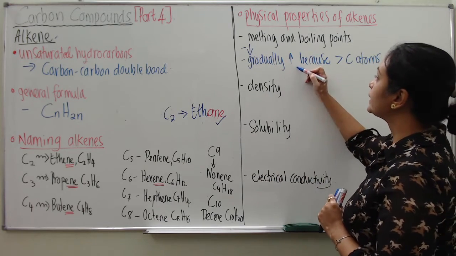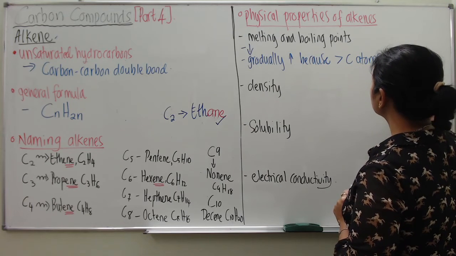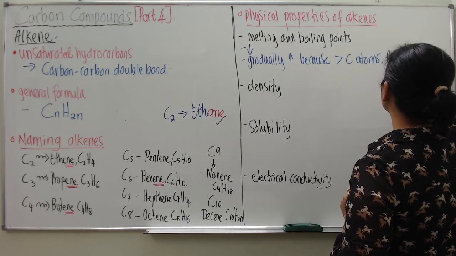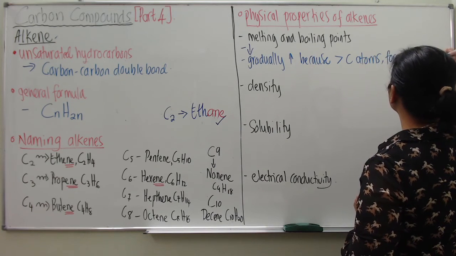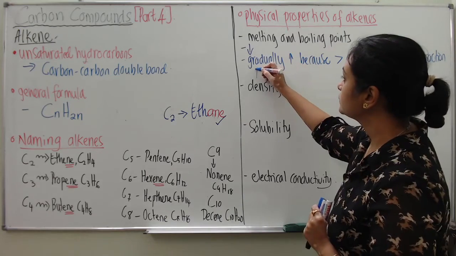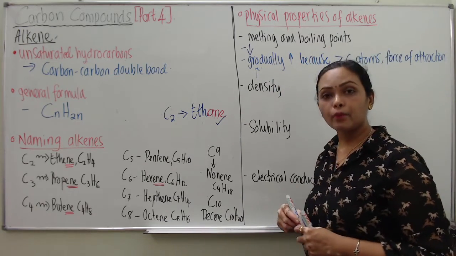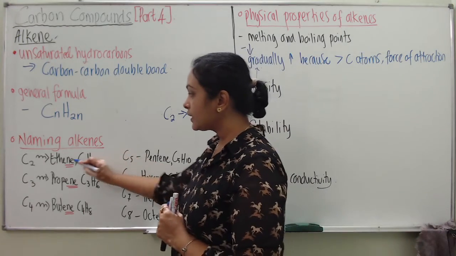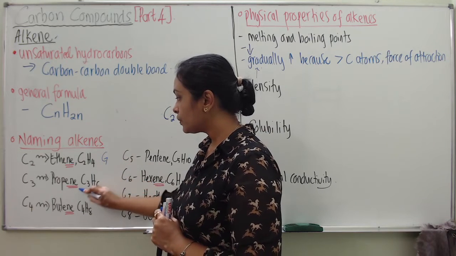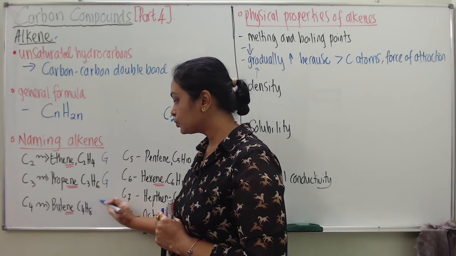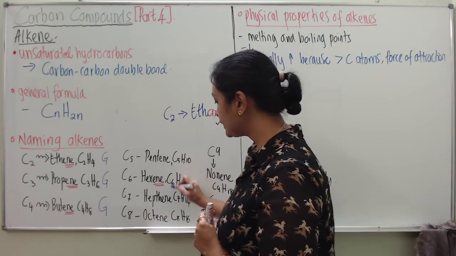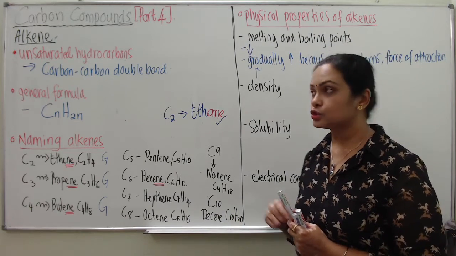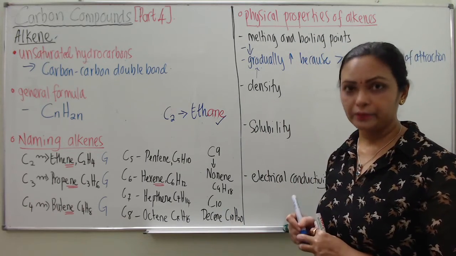More carbon atoms, so van der Waals force of attraction increases. So that is the reason why melting and boiling point increases. So you will know that ethene is a gas, propene is a gas, butene is a gas, and pentene onwards up to decene, they are liquids, thanks to the increase of melting and boiling point.